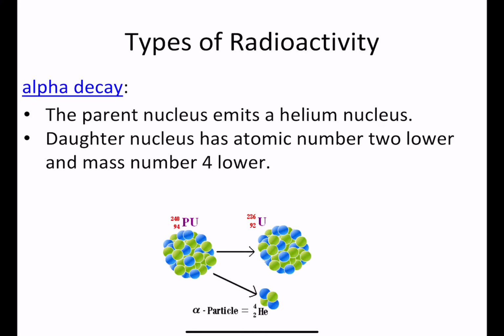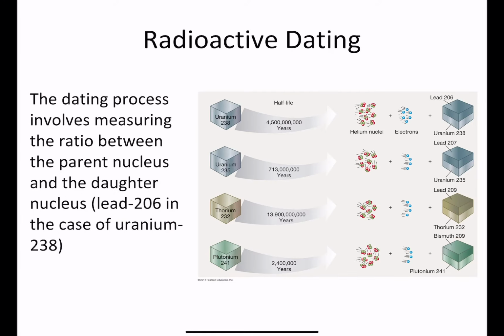So let's look at this slide over here. Let's take the element uranium. You can see the mass number of uranium is 238. Mass number means the number of protons and neutrons in each uranium nucleus, so that's 238, a very, very heavy nucleus. This uranium nucleus decays into lead.